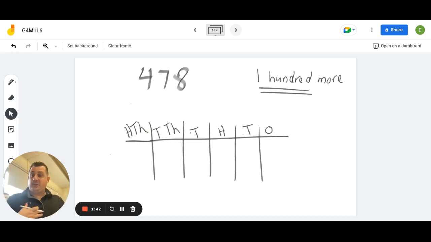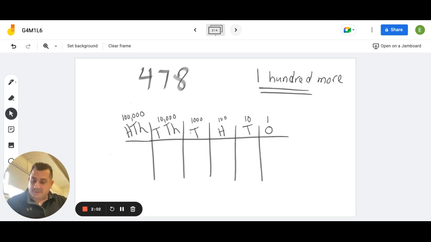Okay? That's for you, however you want to write it. You want to write a 1, a 10, 100, 1,000, 10,000, or 100,000. That's fine too. Or you could actually use a place value chart.